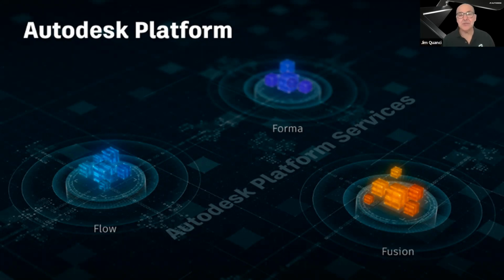API type of platforms. So what's this about? It's about the Autodesk Platform Services, the underlying plumbing, the underlying APIs that Flow, Forma, and Fusion are built upon. And why is that important? That means getting at data, sharing data, creating automations, dashboards, digital twins, integrations get done through these common Autodesk Platform Services APIs.